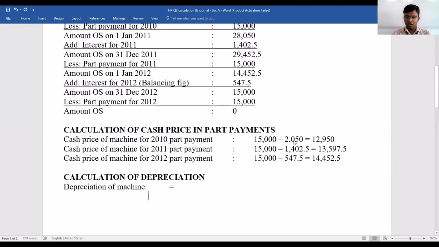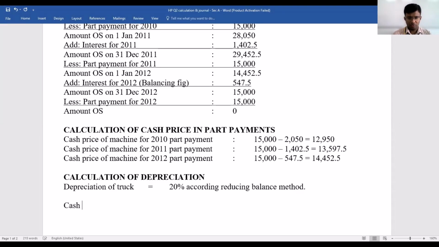Now the next computation that we have to do is to calculate the depreciation. We know that depreciation on the truck is calculated at 20%. And remember, we are following the reducing balance method for this particular computation.